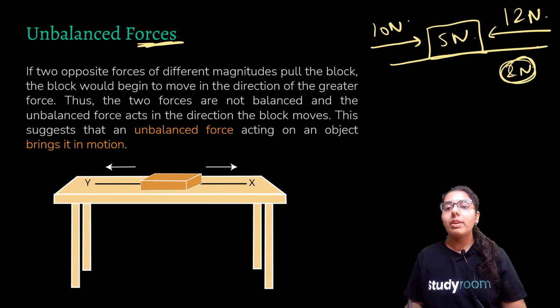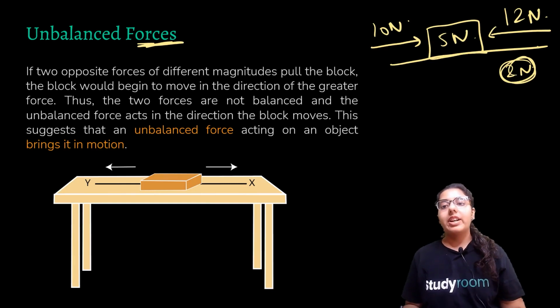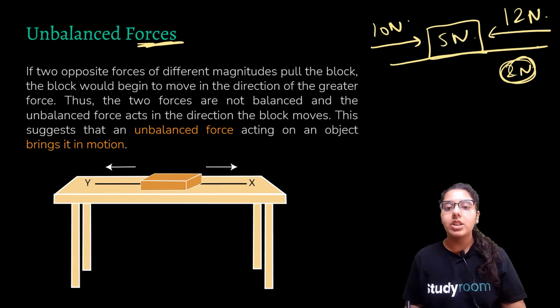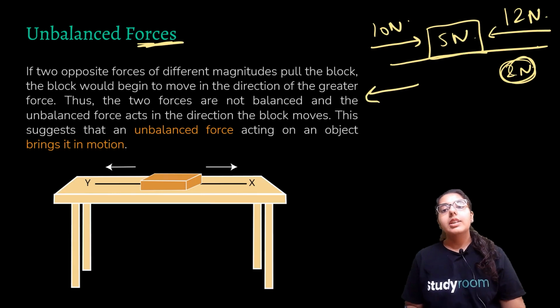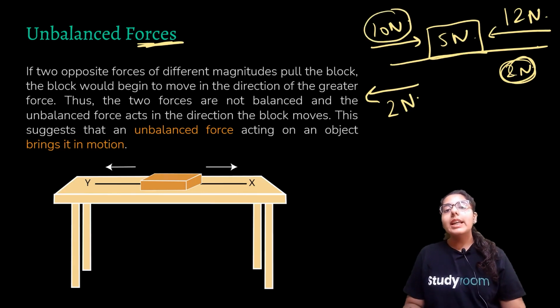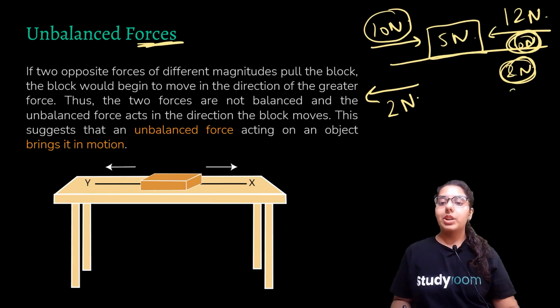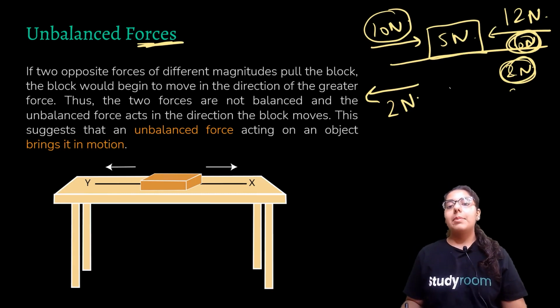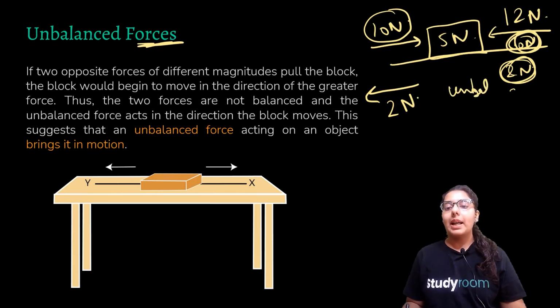So this block will move to the left. Your friend is pushing it in the left direction. So this block will move in the left direction with a magnitude of 2 Newton. Why so? Because your 10 Newton will balance your friend's 10 Newton, and how much force is the remainder? 2 Newton. Correct? So it will move in the left direction with 2 Newton. This is an example of unbalanced force.